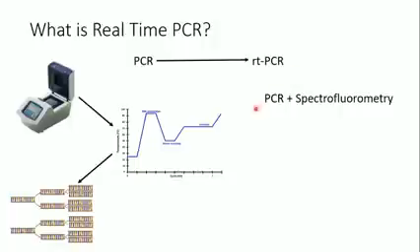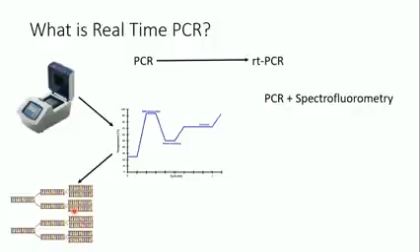So it's like normal PCR, but it's engaged with a spectrofluorometer, which can measure the amount of DNA in my sample continuously during the PCR process or after each cycle.